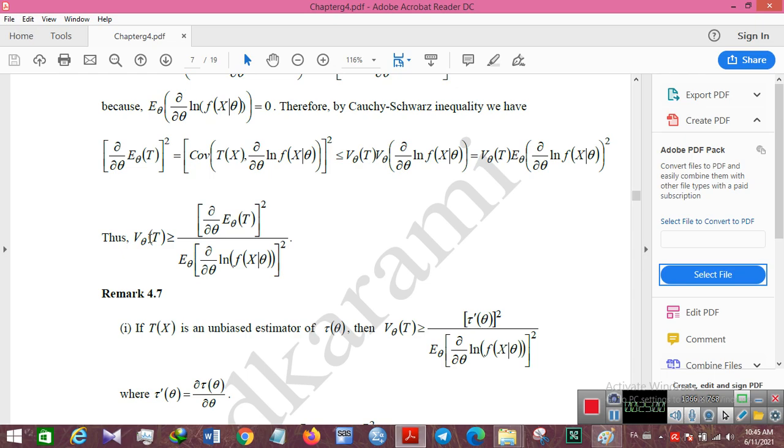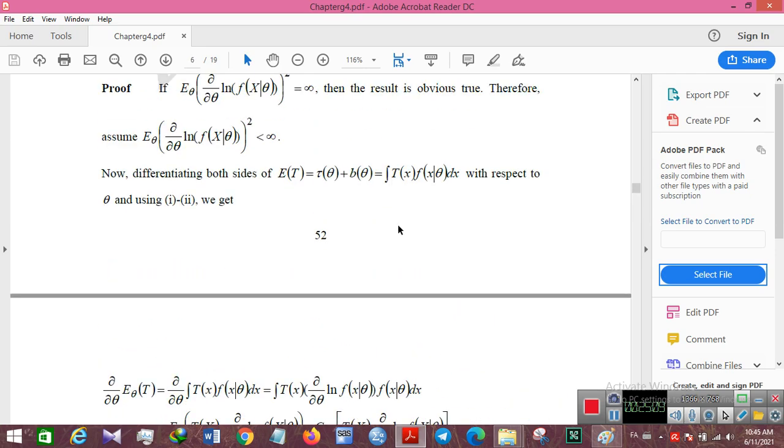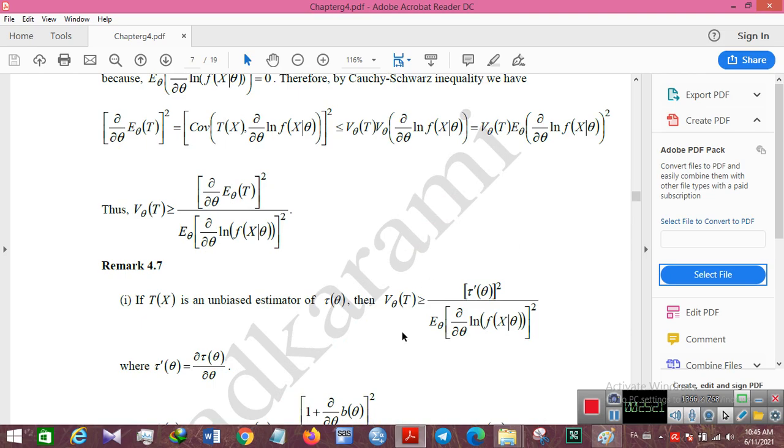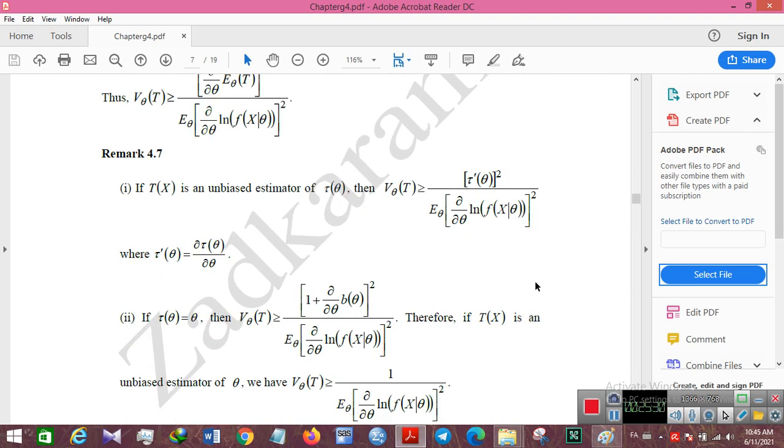So if T(X) is an unbiased estimator of γ(θ), then b(θ), the bias, is equal to 0. In this case we have this lower bound for unbiased estimators.